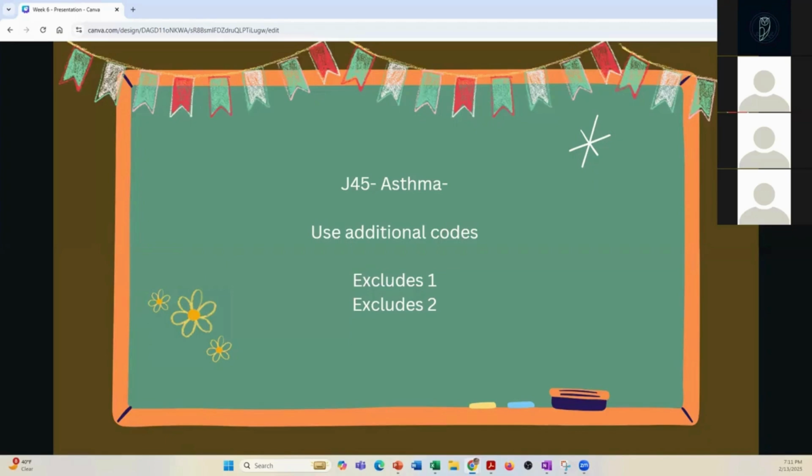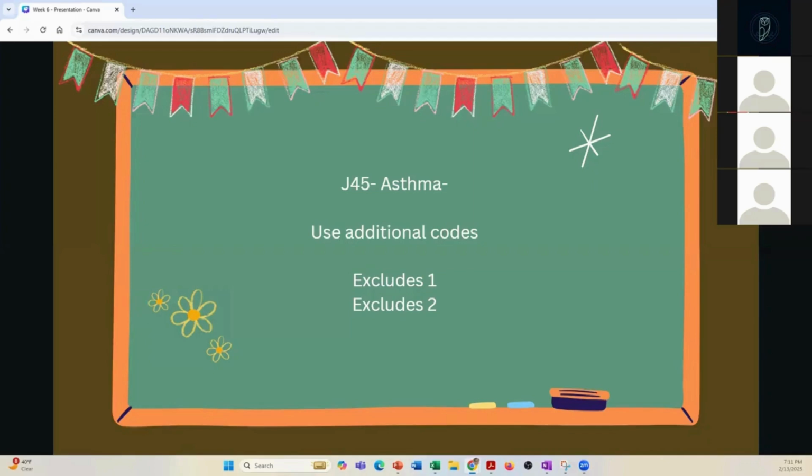Excludes2 is different from an Excludes1. If you look underneath the Excludes1, there's also an Excludes2 note. It says asthma with chronic obstructive pulmonary disease, J44.89, and underneath that, chronic asthmatic obstructive bronchitis, J44.89.